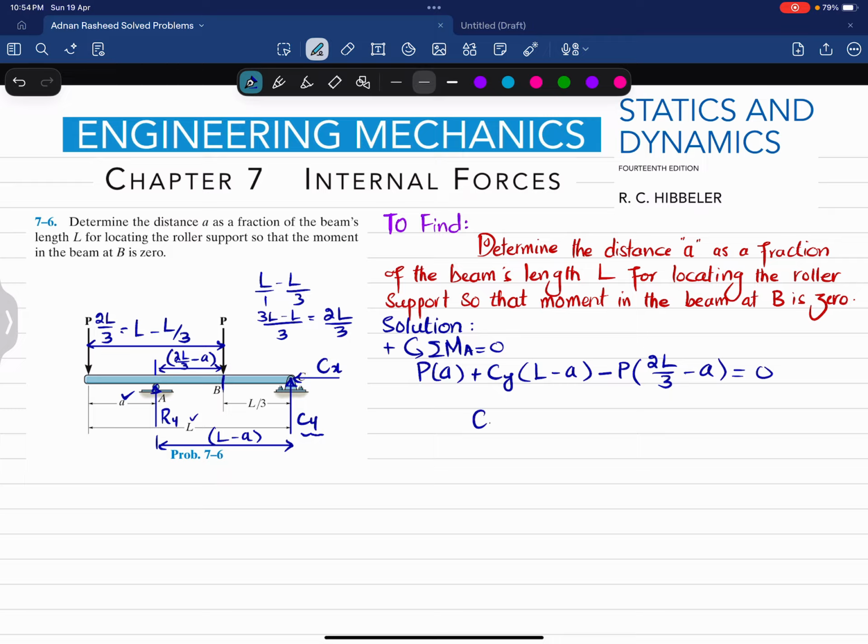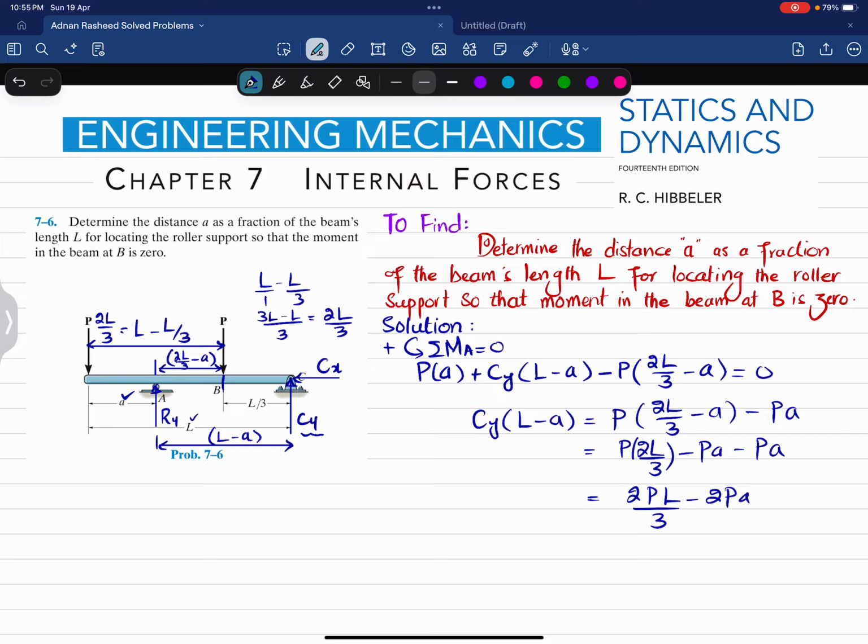So Cy into (L minus A) is equal to P into (2L by 3 minus A) minus PA. So P into 2L by 3 minus PA, minus PA. So here 2PL by 3 minus 2PA.